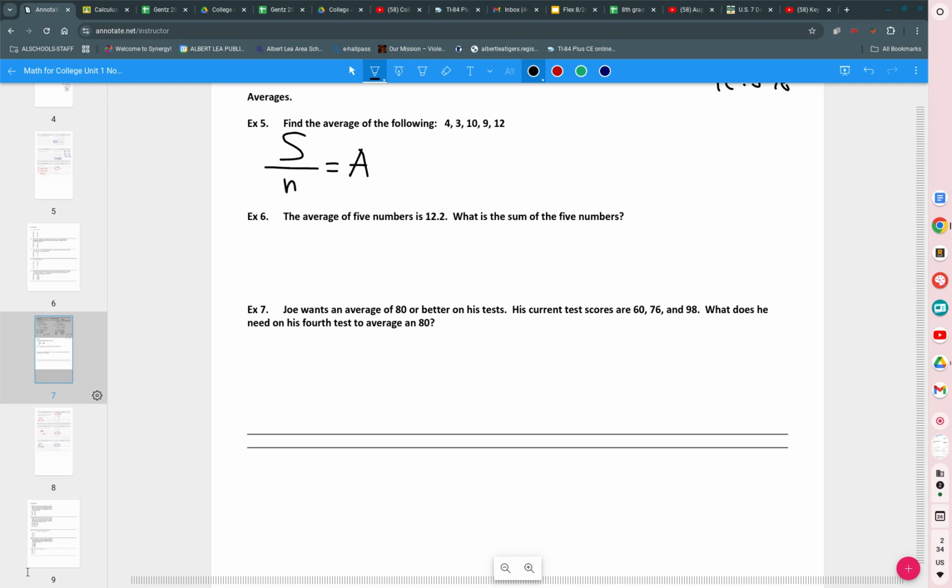We add these up: 4 and 3 make 7, plus 10 is 17, plus 9 is 26, plus 12 is 38. Divided by what? Yep, there are 5 things that we added up together. If I take 38 and divide it by 5, I get 7.6.